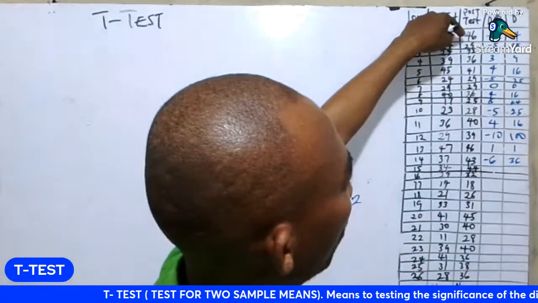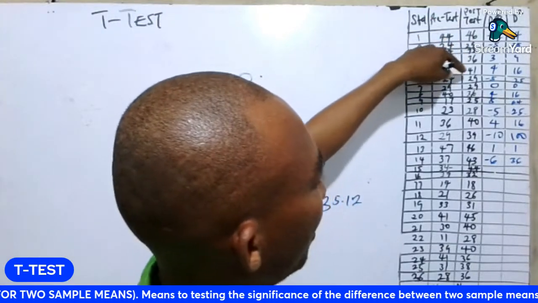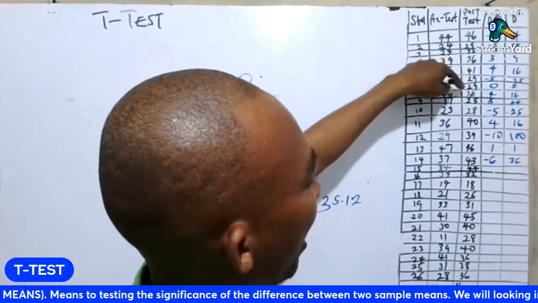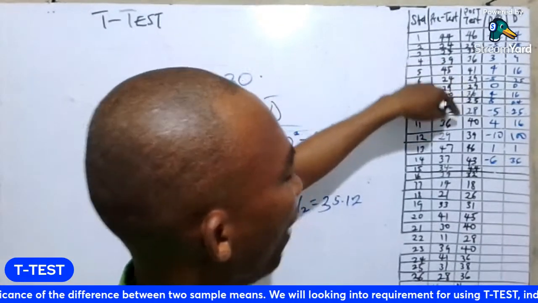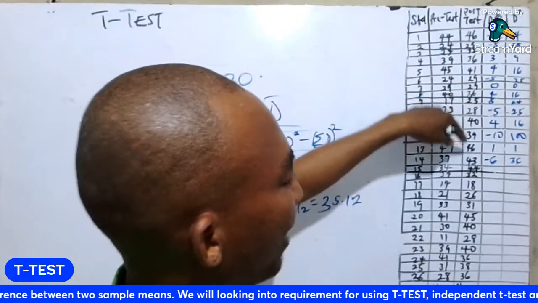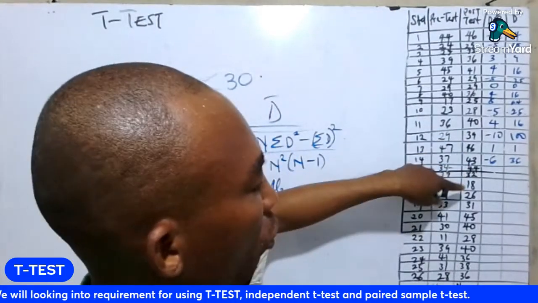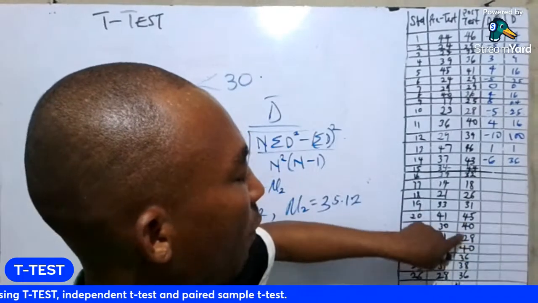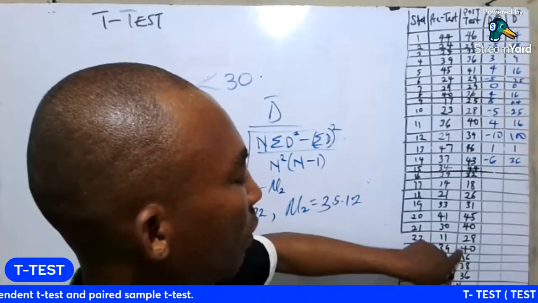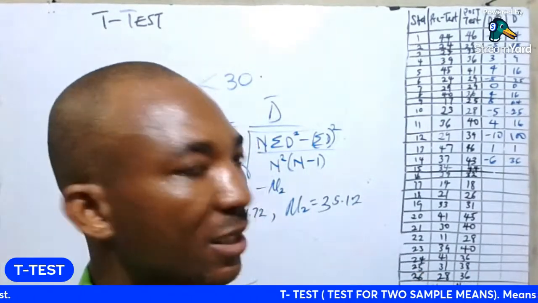For the post-test: 46, 29, 32, 36, 41, 29, 29, 36, 25, 25, 40, 39, 46, 43, 44, 32, 18, 26, 31, 45, 40, 28, 40, 36, 38, 36.